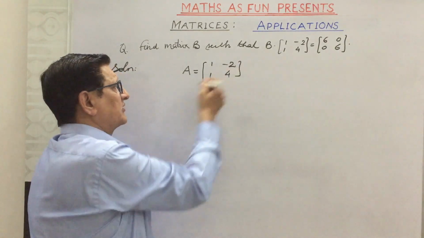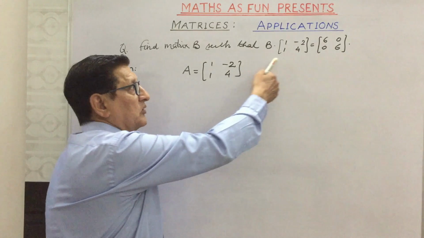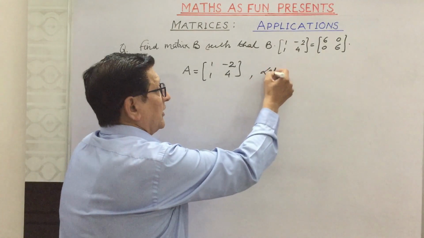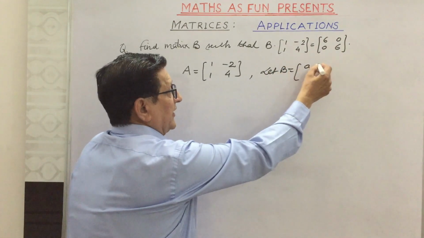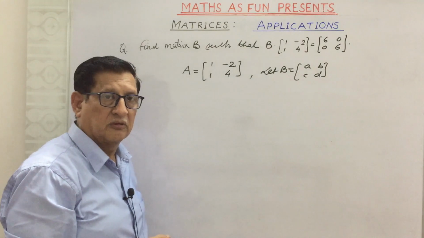Then we consider the matrix B of the same order, 2 into 2, because the result is also 2 into 2. So we take matrix B as a, b, c, d, that is of order 2 into 2.